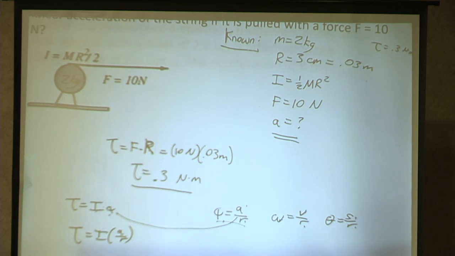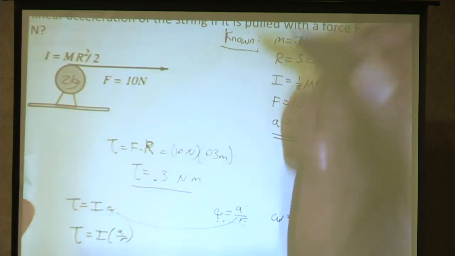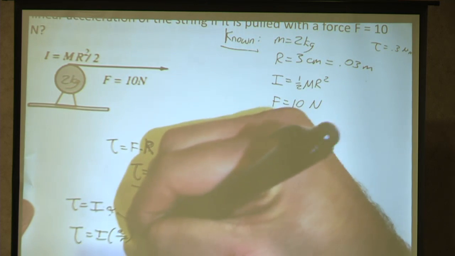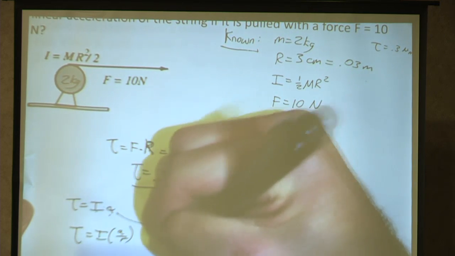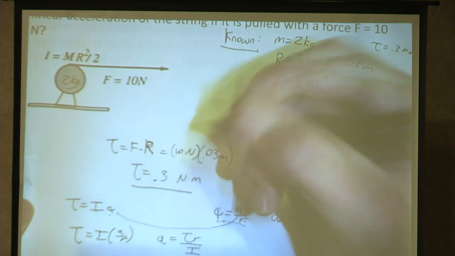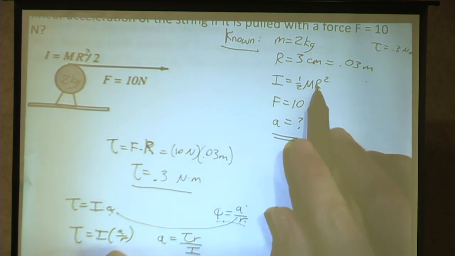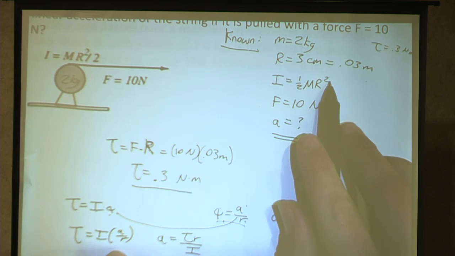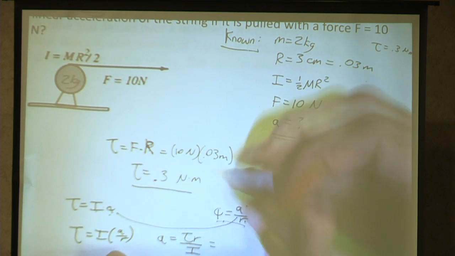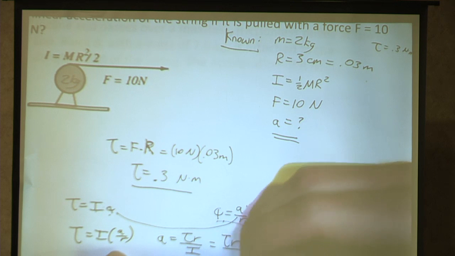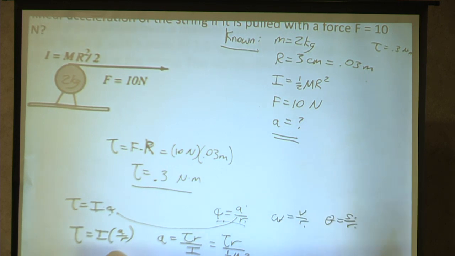I'm going to rearrange this equation: A equals tau R over I. We also know an equation for I, 1/2 mr squared. That's given. So A equals tau R over 1/2 mr squared.